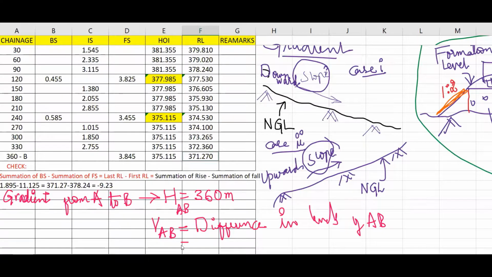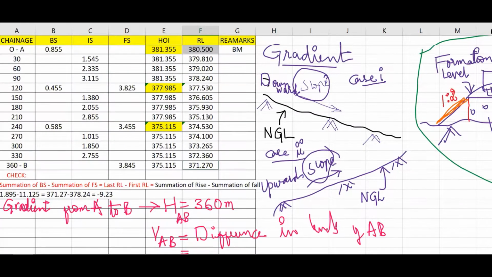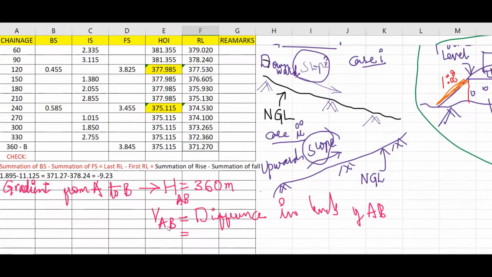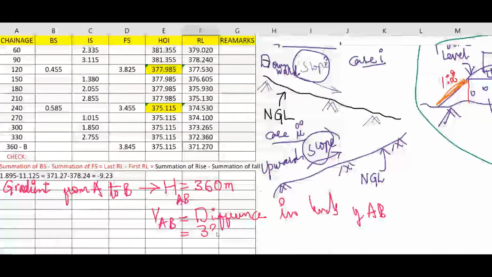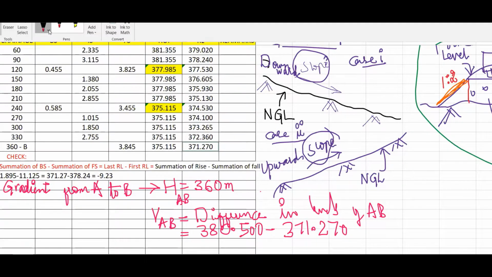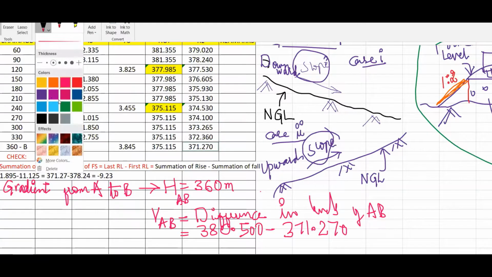What is the level at A? Level at A is 380.500. What is the level at B? It is 371.270. What is the meaning?